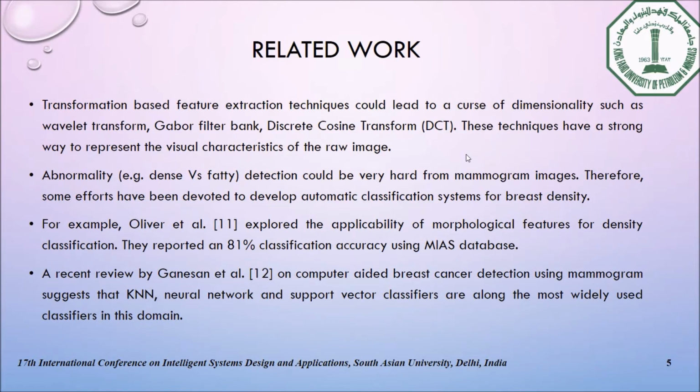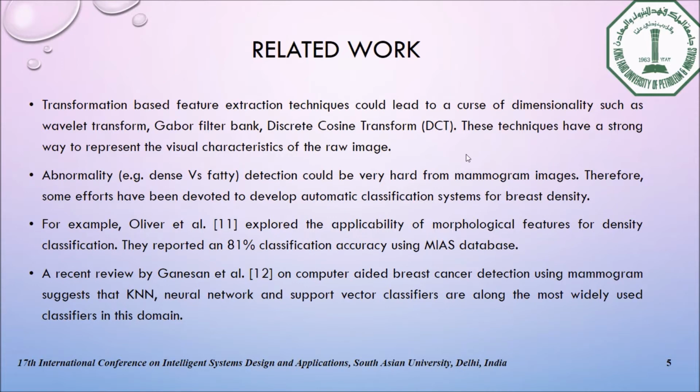As you know, it is very hard to detect abnormality, for example dense versus fatty, from mammogram images. Therefore, some efforts have also been devoted to developing automatic classification systems for breast density. For example, Oliver explored the applicability of morphological features for density classification.